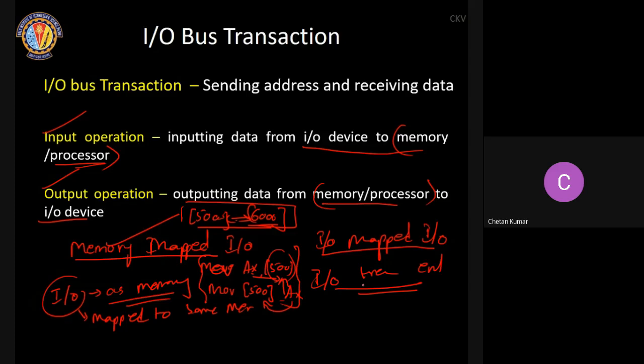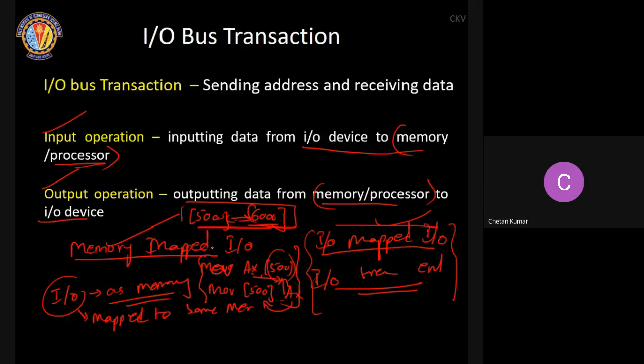In the case of IO mapped IO, how do you think the communication happens? I think in lab you might have used some of these things. Do you know any instructions which can communicate with IO units?